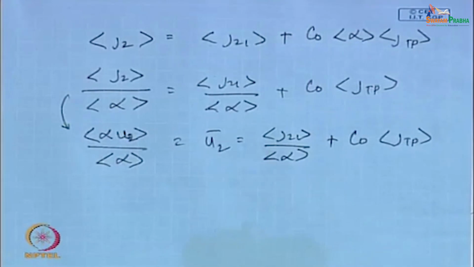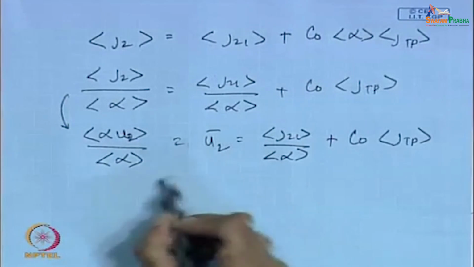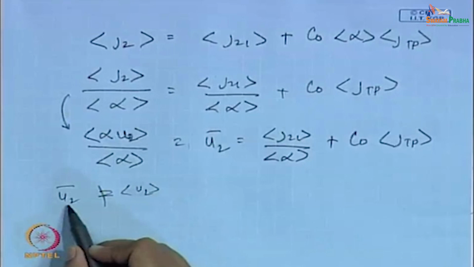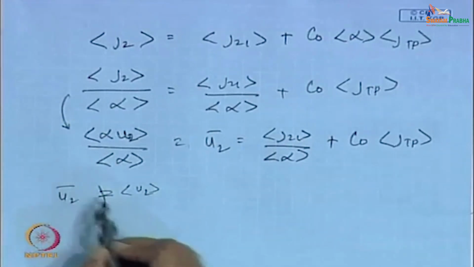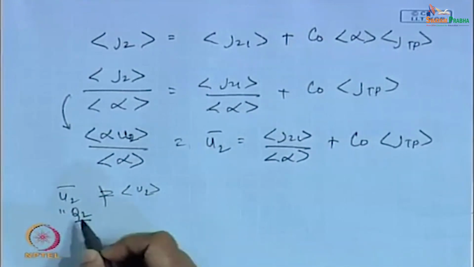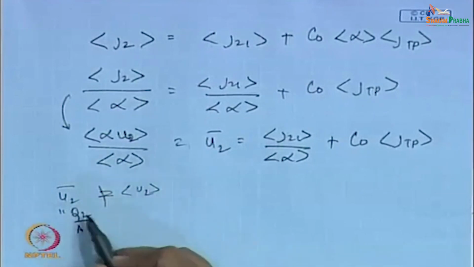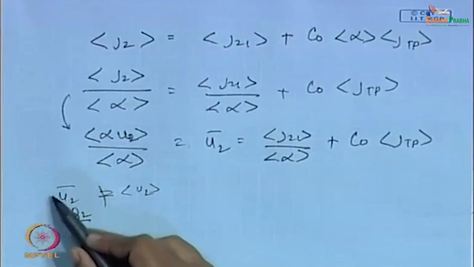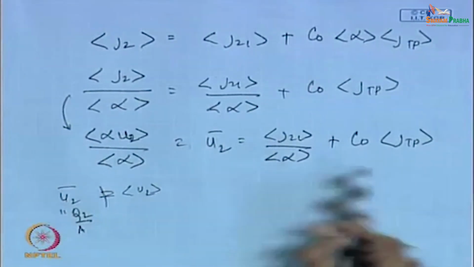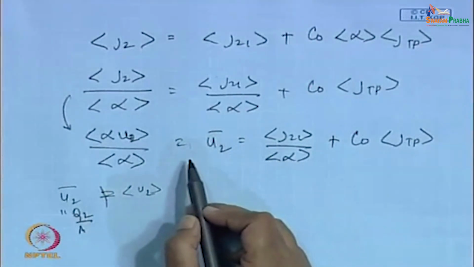So, therefore, this can be defined, and we know that this is a much more convenient term as compared to u2 bar. This is a much more convenient term because this can directly be related to input parameters like the overall volumetric flow rate and the mean volumetric concentration, so it is a much more input parameter as compared to this, and so we define this particular equation by considering the weighted mean average velocity.